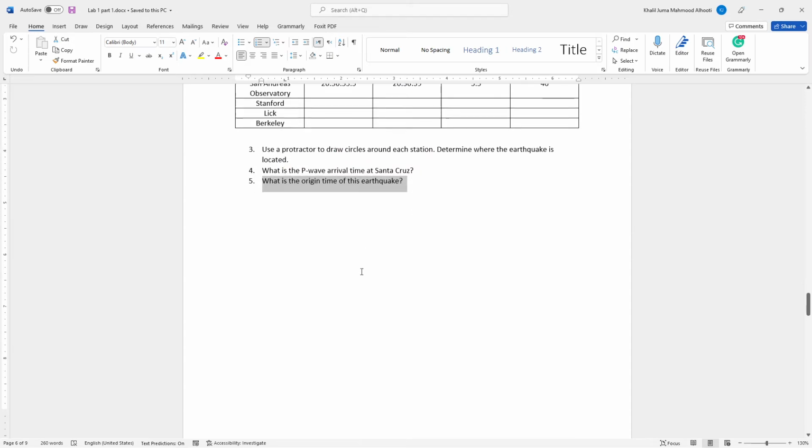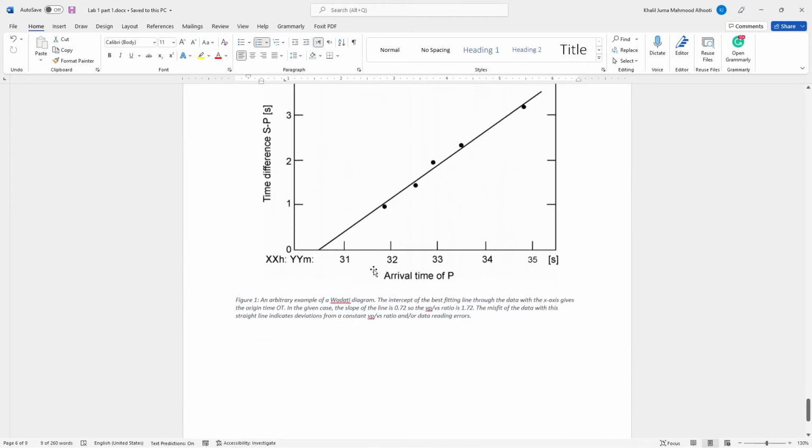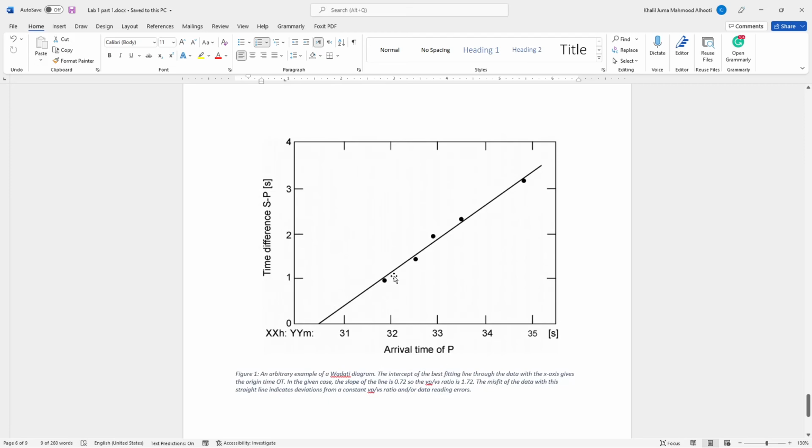To determine the origin time, you need to use Excel. In the x-axis, plot the P wave times you found. In the y-axis, plot the difference between S and P. You get basically some points. For your case, you'll get 4 points.